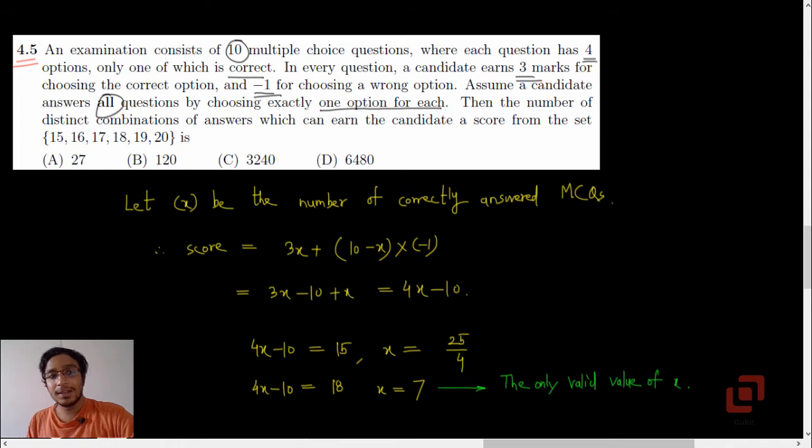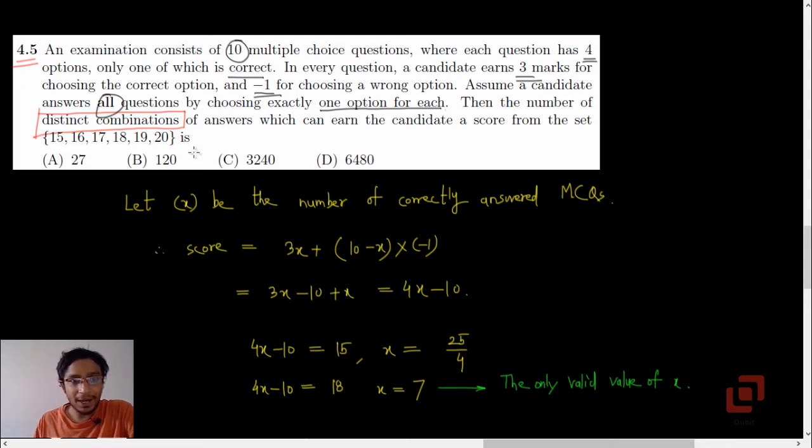Now this problem differs from the standard similar problems in the last part. Then the number of distinct combinations. Now what they mean by distinct combinations is something which I will explain to you at the end of the solution.